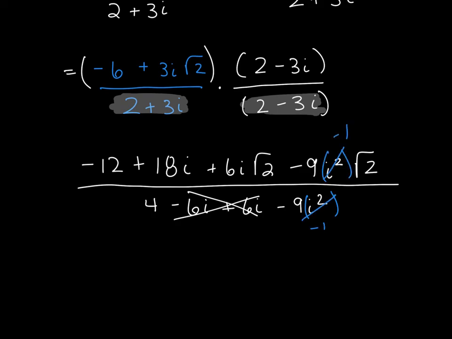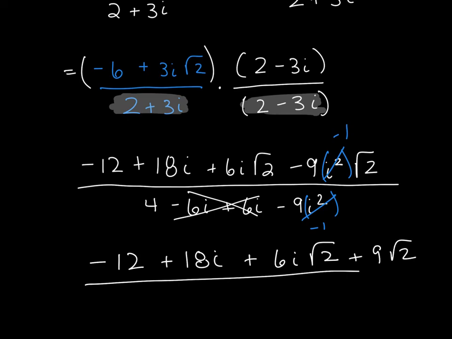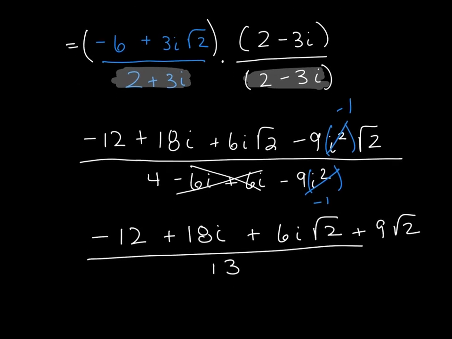And then simplify. So I have negative 12 plus 18i plus 6i square root of 2, and that is all going to be over 4. That turns into a positive 9 because it's a negative 9 times a negative 1. So that's going to turn that into a 13.